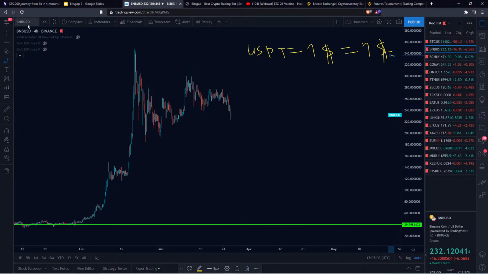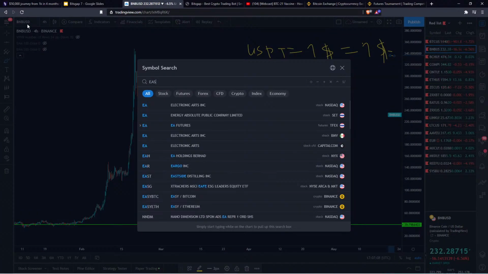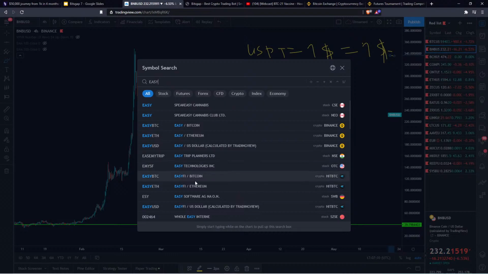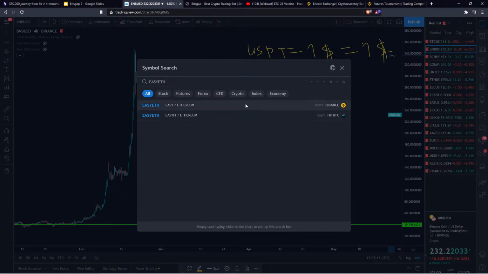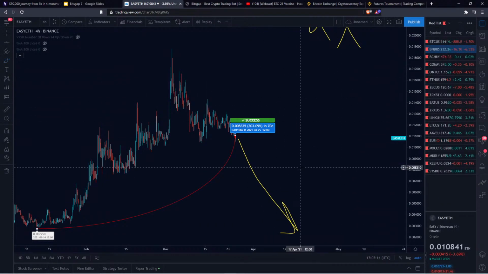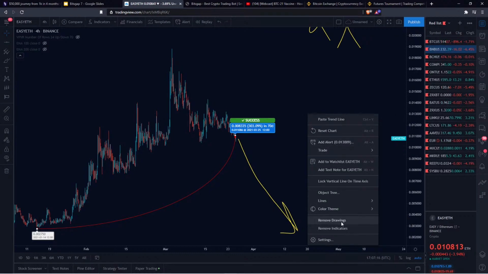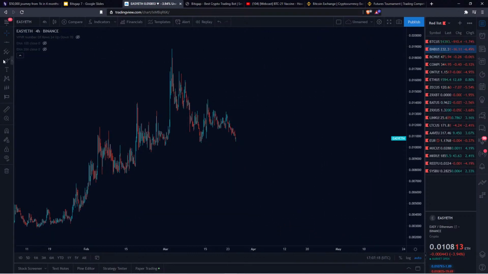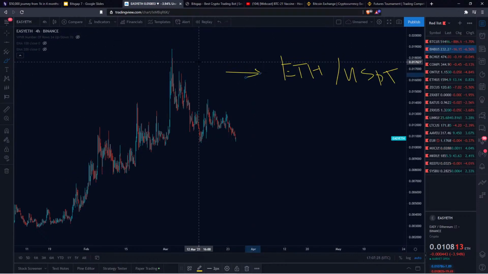But when trading cryptocurrency pairs like ETH to Ethereum, here you are exposed to double pressure. You are exposed to the downfall of Ethereum relative to USDT, because you generate returns here in Ethereum.